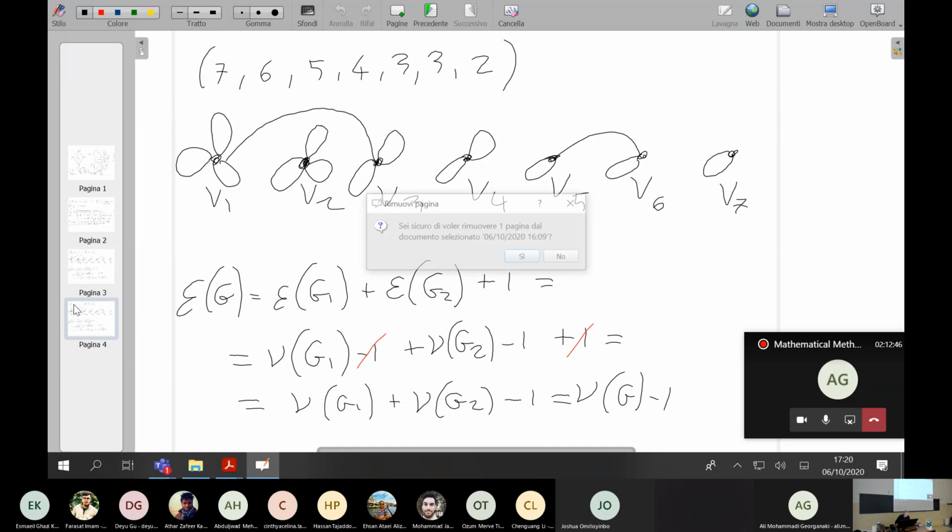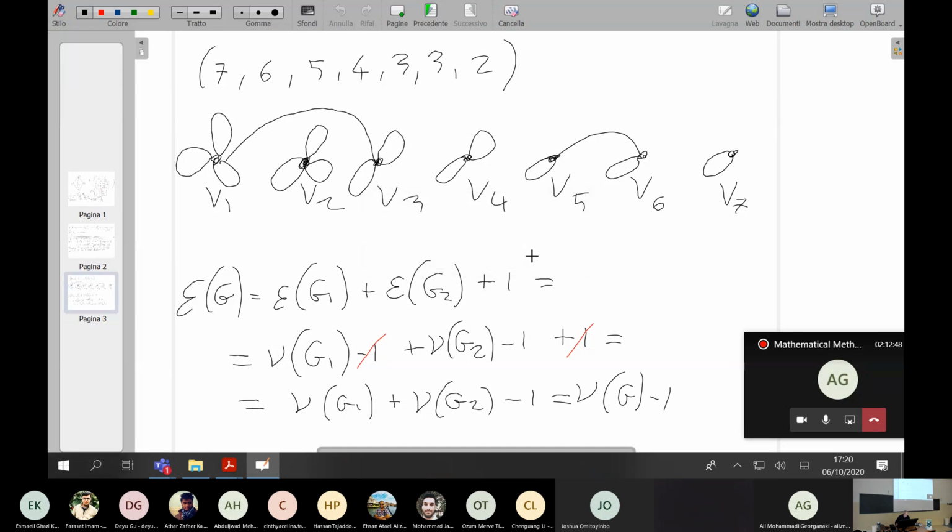Yeah, so I can take it this way. Okay, let's look here. This particular sequence, which was taken from the book, 7, 6, 5, 4, 3, 3, 2. The sum is even, and so necessarily the number of odd numbers must be even.